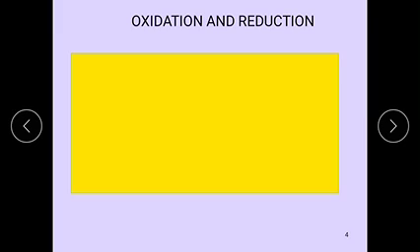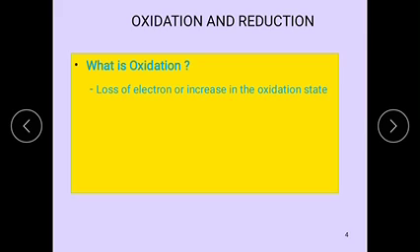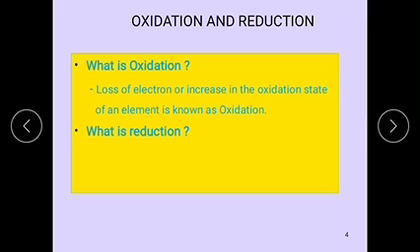In this topic we have to discuss what oxidation and reduction are. What is oxidation? The loss of electrons, or an increase in the oxidation number of an element, is known as oxidation.